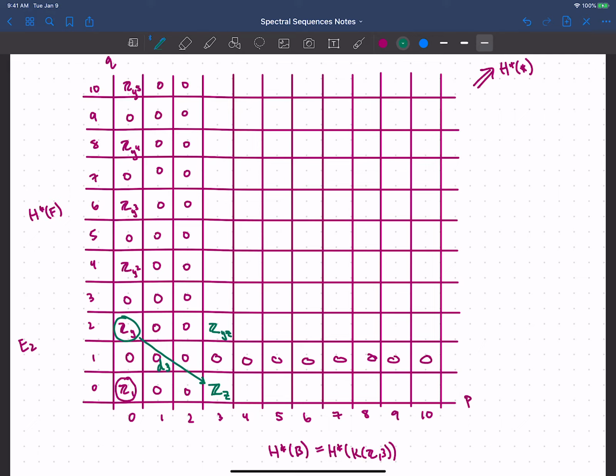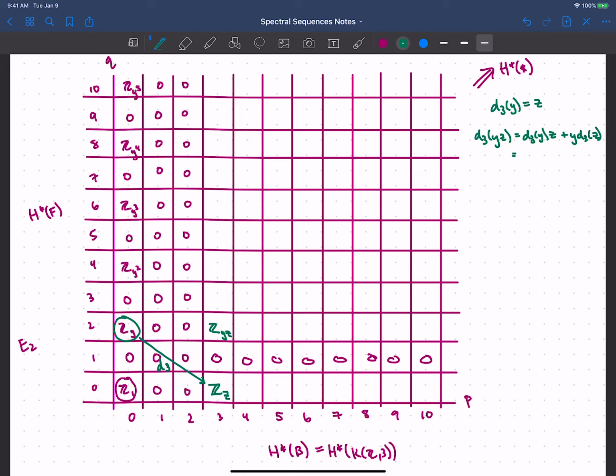Okay, and I can also start to compute these differentials. So maybe let me at least try to fit some of them here on the side. So we just said that d3 of y is equal to z. And we're going to use the Leibniz rule to say that d3 of yz is what? Well, it should be d3 of y times z, plus, because y is in degree 2, y times d3 of z.